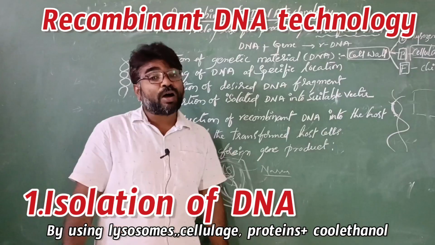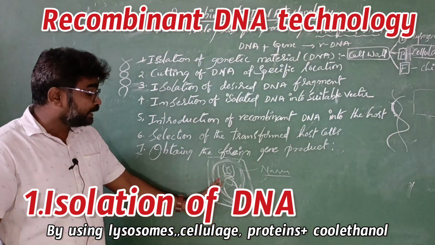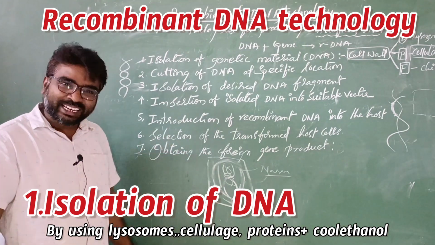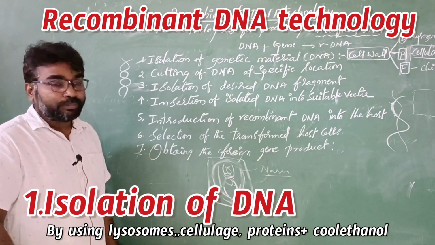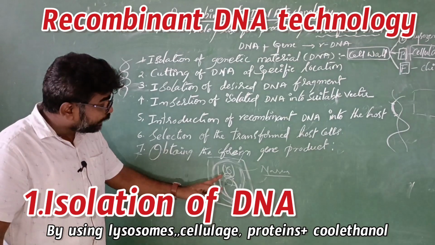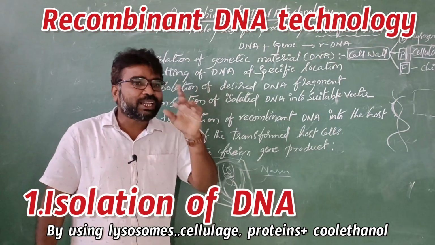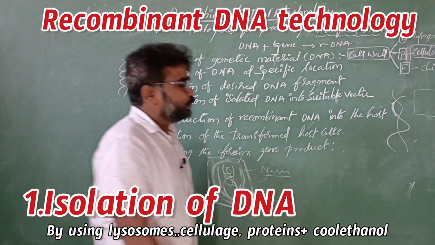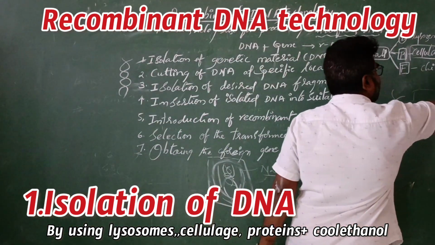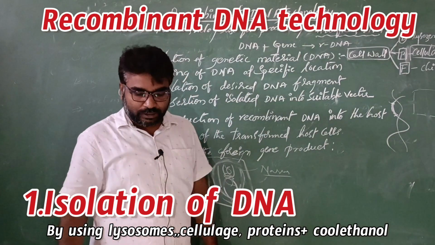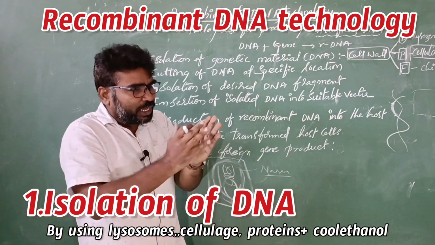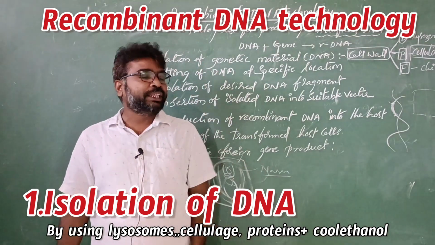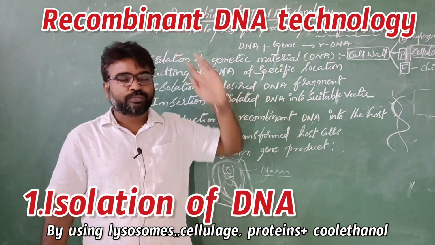Some RNA materials, that is ribosomal RNAs, are also present in this nucleus, but we do not need that RNA material. For that, we have to remove that RNA material also by using enzymes. Then that RNA material also breaks down.